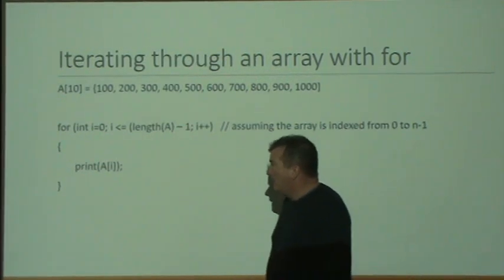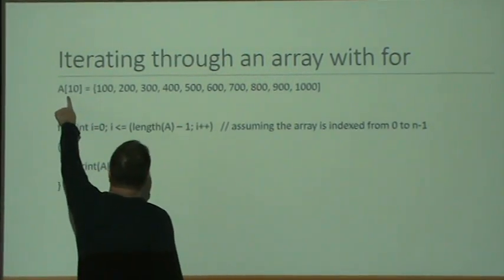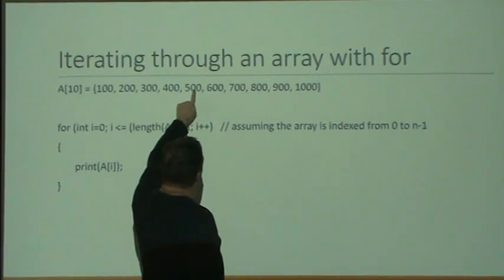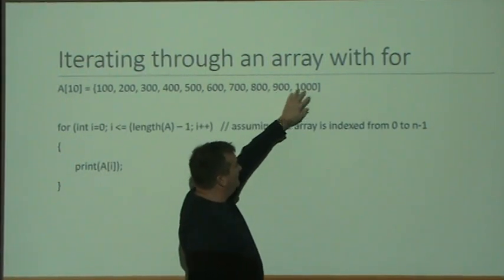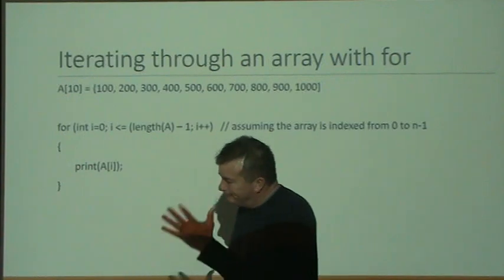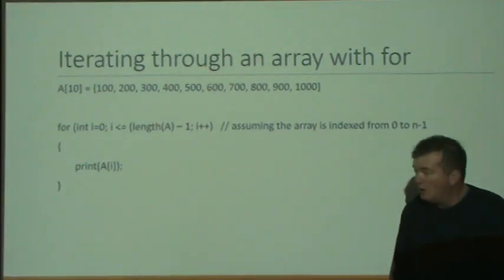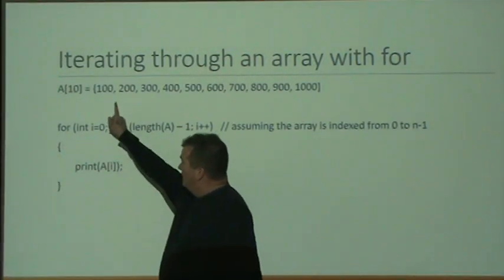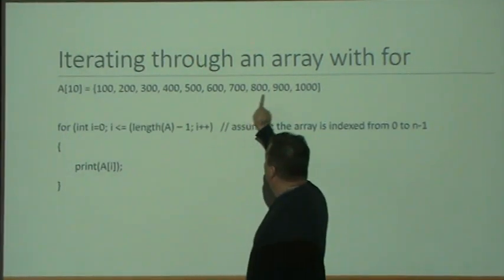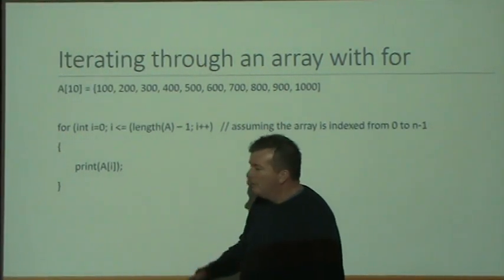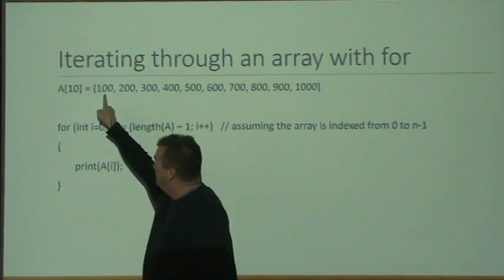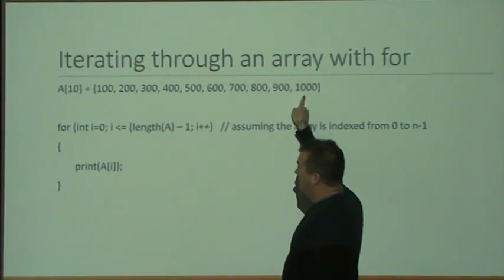So if we had an array of 10 elements, 100, 200, 300, 400, 500, 600, 700, 800, 900, and 1,000, depending on the programming language, you could look at this as 10 elements numbered 0 through 9, or as 10 elements numbered 1 to 10.